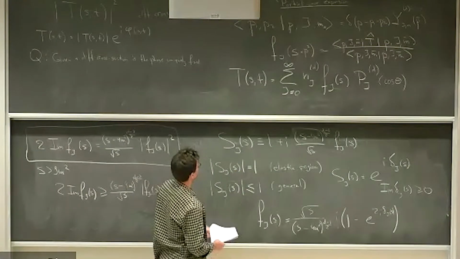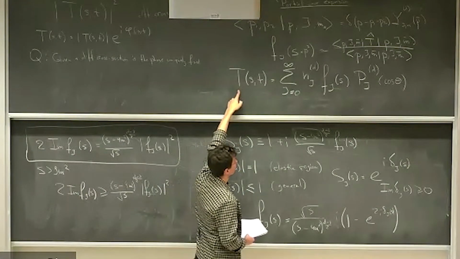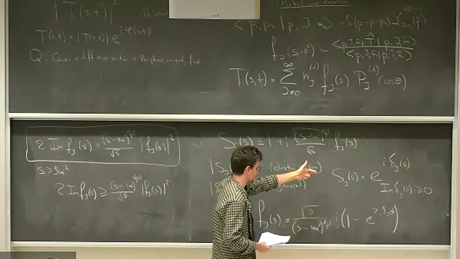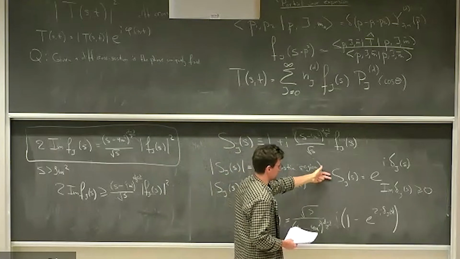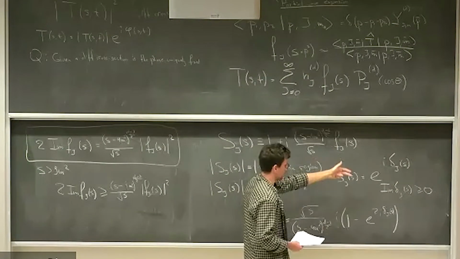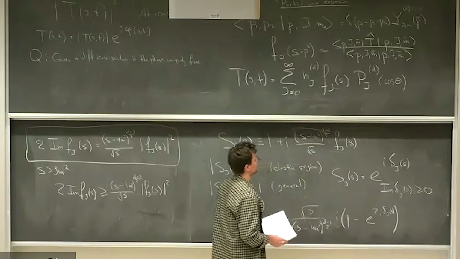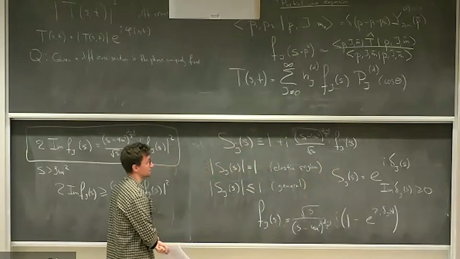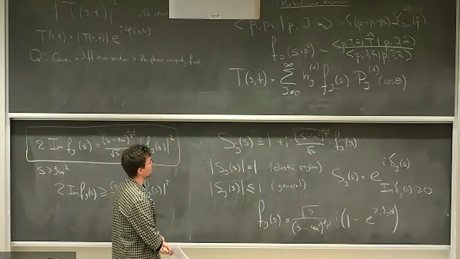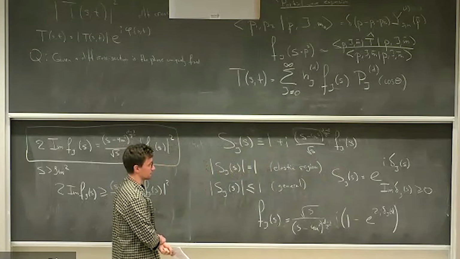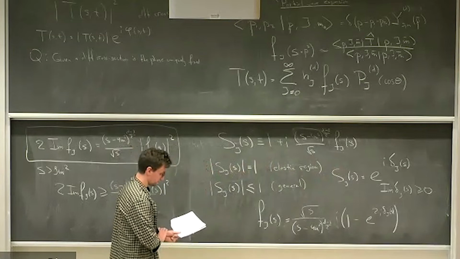Because let me just take this formula for T and plug in a bunch of S_J(s) with some random phases which satisfy that. But as it's easy to see, if you try that, you get functions which do not have some other properties.